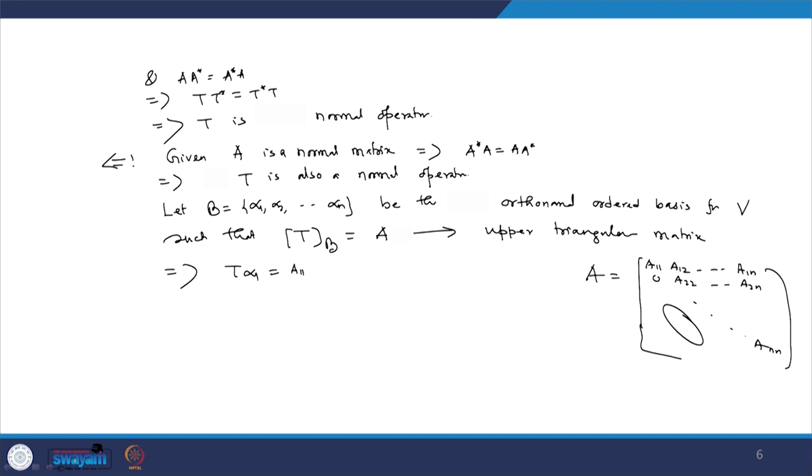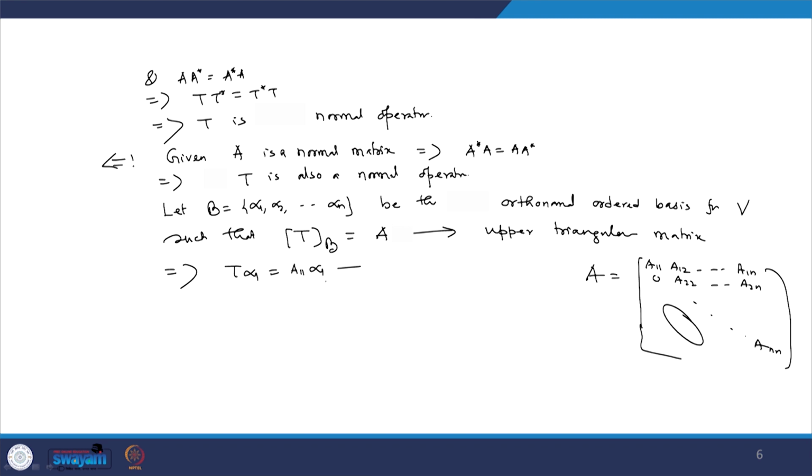It will be A11 alpha 1, because the definition of the matrix representation of T with respect to ordered basis B says that T of alpha 1 has to be A11 alpha 1 plus A21 alpha 2 plus ... plus An1 alpha n, and since this is an upper triangular matrix, A21, A31 and so on are all 0.